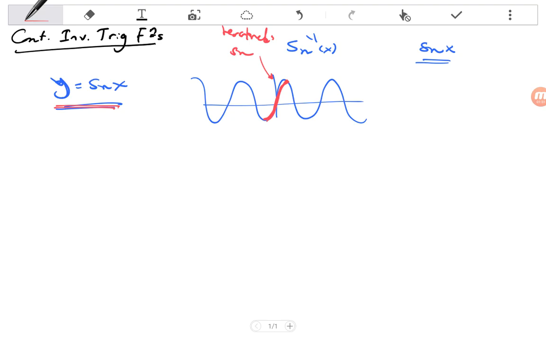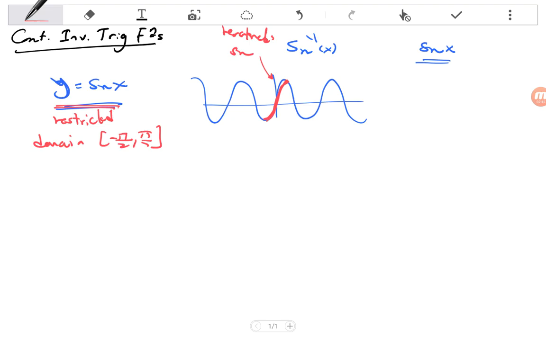The natural sine has a domain which is R, but the restricted sine has a domain from negative pi over 2 to pi over 2.